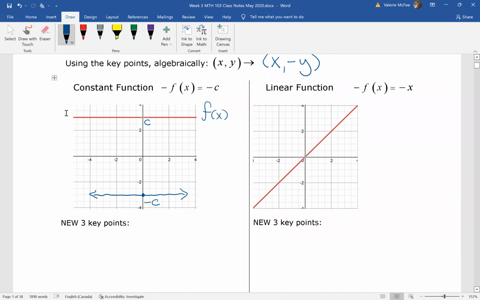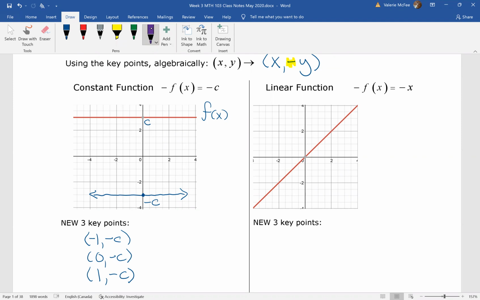Our original key points were -1, positive c. Now we've got -1, negative c. We had a point at 0, c. Now we have a point at 0, negative c. We had a point at 1, c. Now we have a point at 1, negative c. We've put a negative on all of the y values.